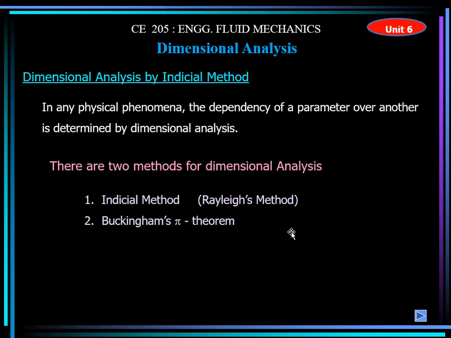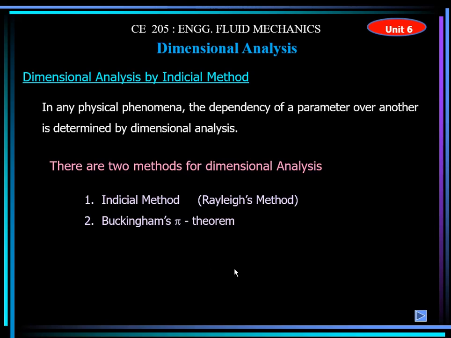Dimension analysis can be done for a complicated equation like any empirical equation, and any physical phenomena can be explained by developing some equation. For example, formulas like the Manning formula and the Chezy formula were developed by doing experimental studies.